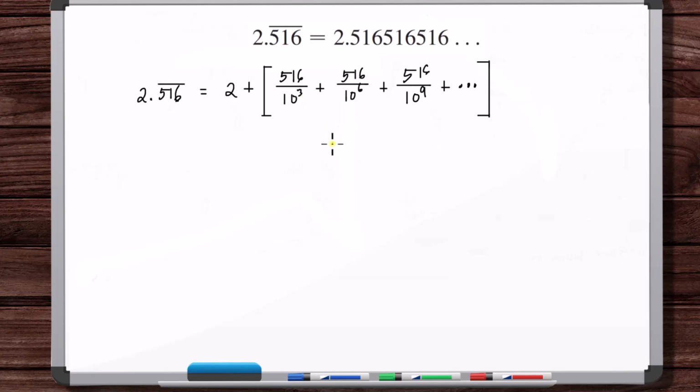Okay, so what we've got is r is equal to 1 over 1,000, and a is equal to 5/16 over 1,000, and so this is equal to 2 plus the limit as n goes to infinity of the sum from i equals 1 to n of 5/16 over 1,000.